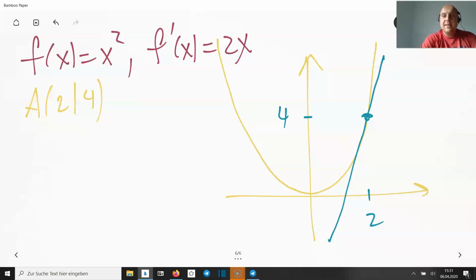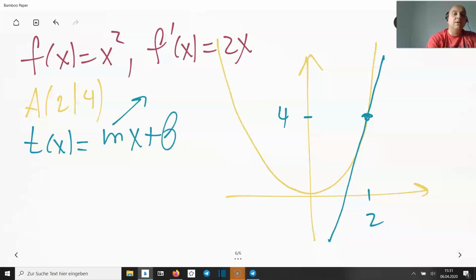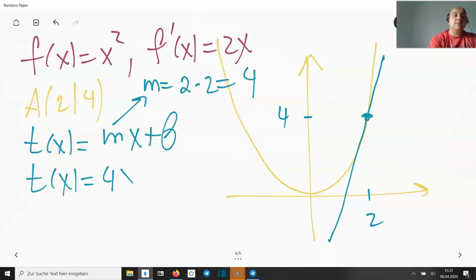Obviously, if the tangent line we're producing now has a negative slope, I would say something is wrong. The tangent line t of x is equal to mx plus b, and we know that m can be computed as the value of the derivative at this point. So in this case, m is equal to 2 times 2, or basically f prime of 2, which is 4. So what we already know is t of x is 4x plus b. Lucky me, no negative value, otherwise I would be in trouble.